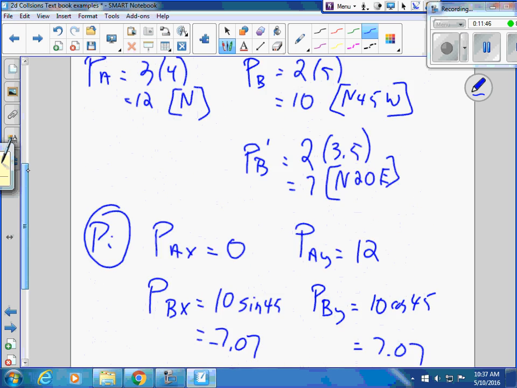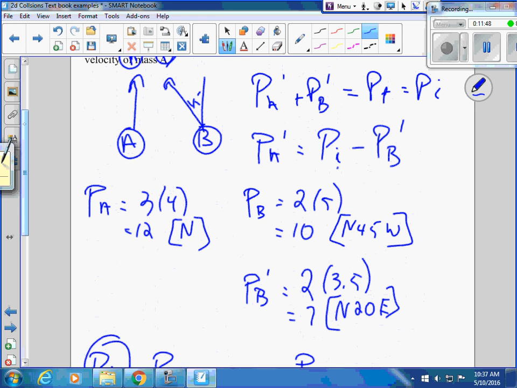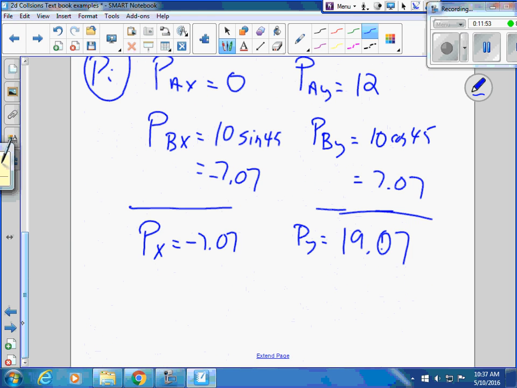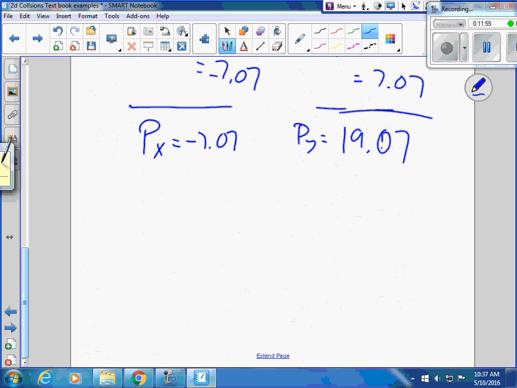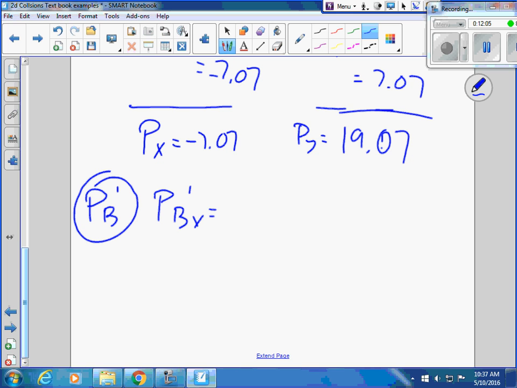Now we got to find the components of PB prime. That page is going to be really big here. PB prime X and PB prime Y. This takes me back to university and all the crazy math professors.